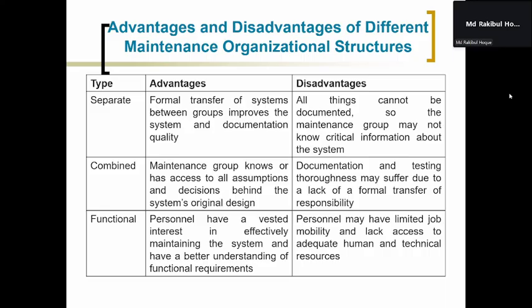So authority or responsibility is transferred from the development team to the maintenance team, but when you combine, it is very difficult to transfer the responsibility formally. Or sometimes you can go for functional, where personnel have a vested interest in effectively maintaining the system, but personnel may have limited job mobility and lack access to adequate technical resources.